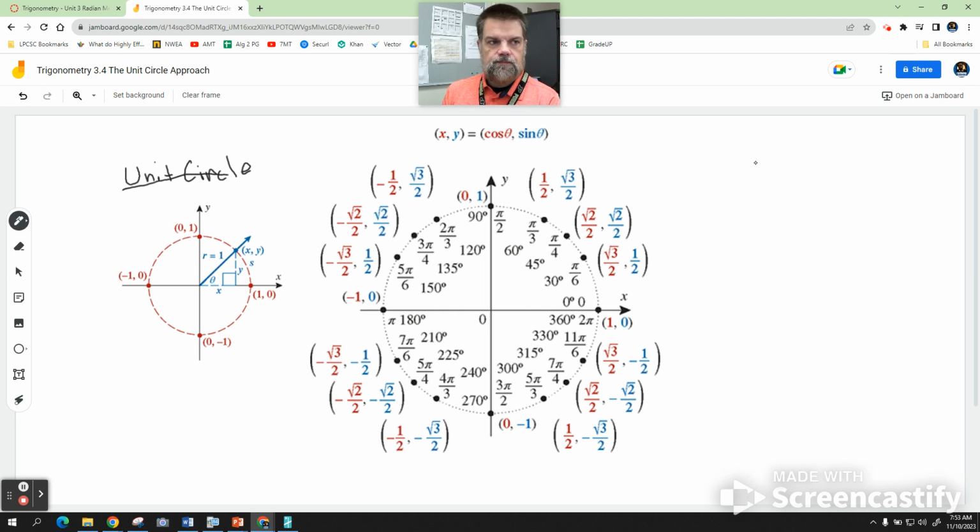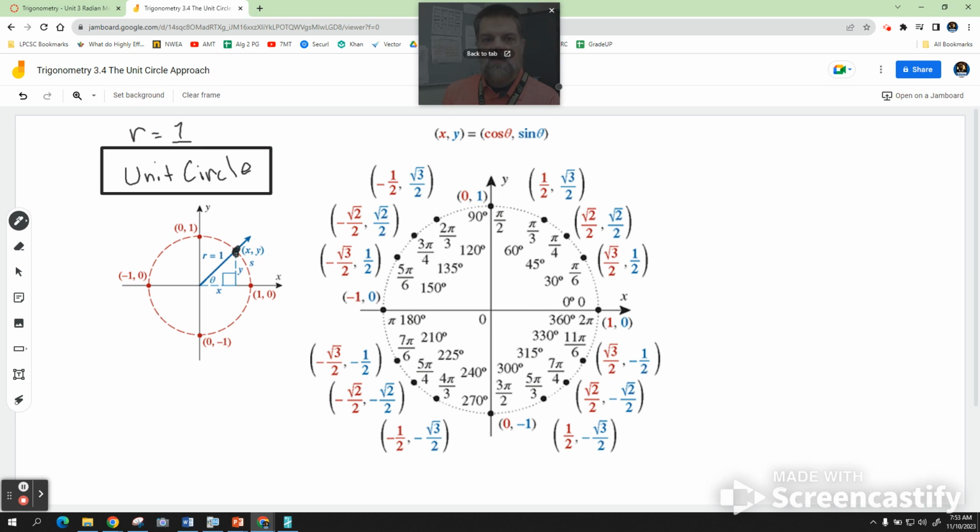So the unit circle essentially is a circle where the radius equals 1. And so over here, if the radius equals 1, and then I have some corresponding x and y value. Well, on the unit circle, x comma y is the same as sine and cosine, and here's why.